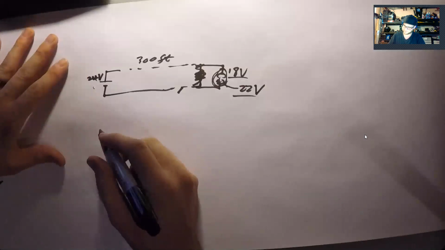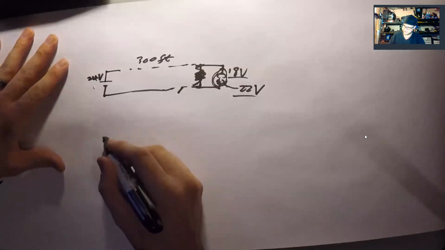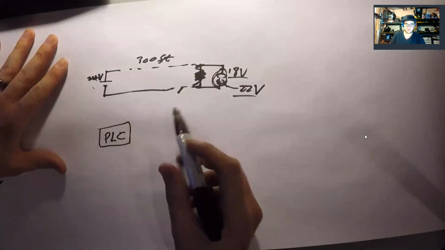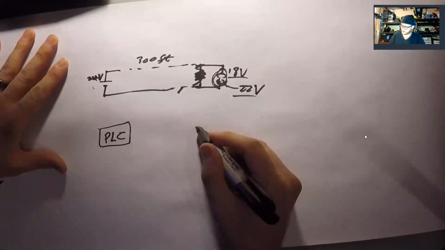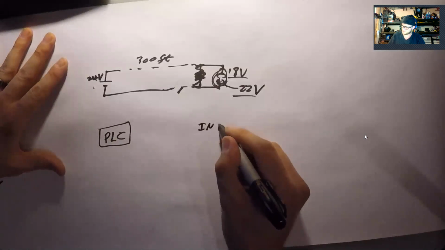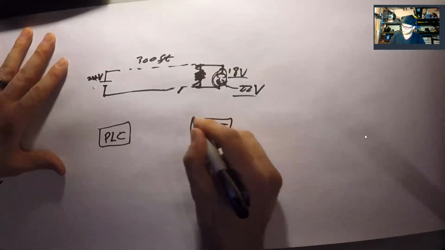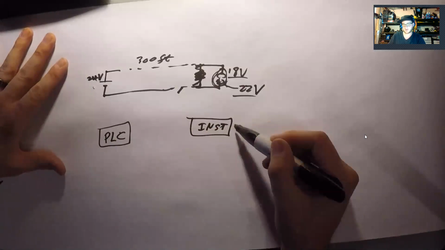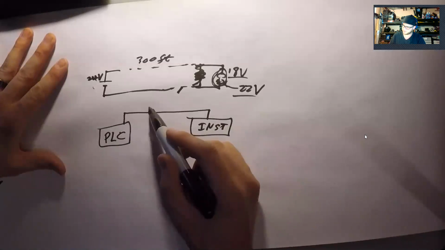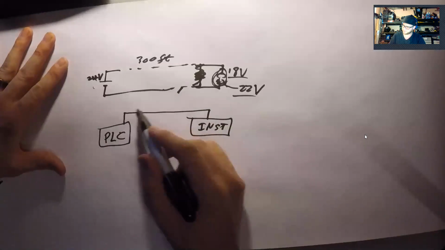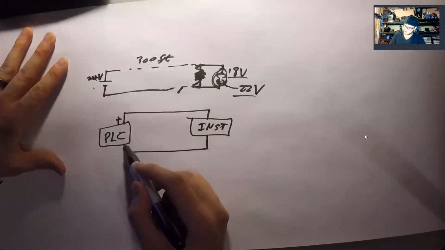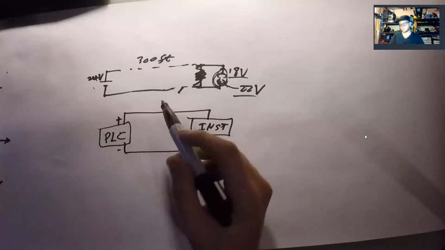So if I have a controller, a PLC here, and then I have some instrument out in the field, and this needs power, what I can do is run power on this wire, and then I'll have a return here.